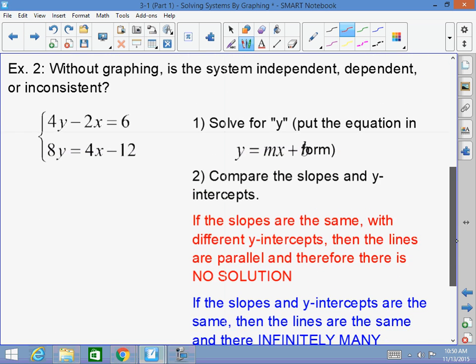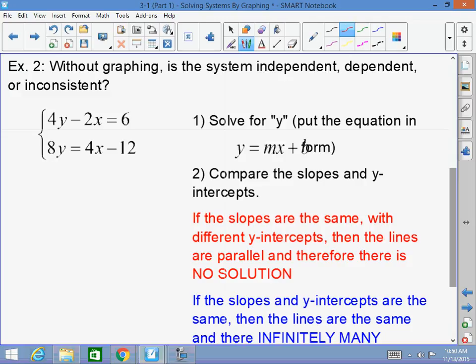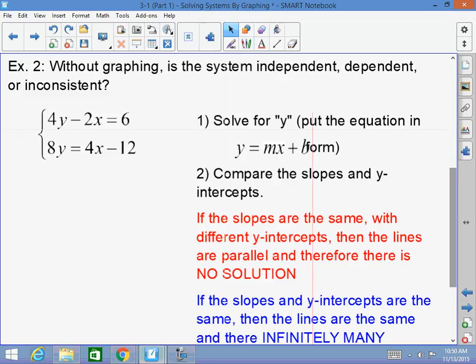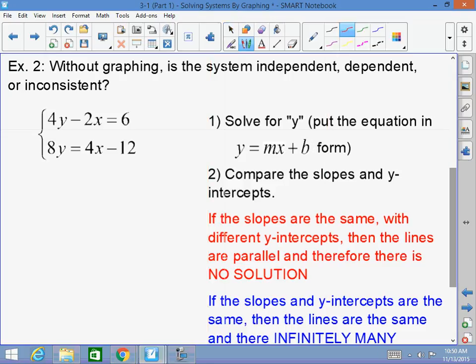So without graphing, is the system independent, dependent, or inconsistent? Well, first thing you always want to do here, guys, is solve each of them for y. Put the equation into y equals mx plus b form. Okay? So let's solve for y. Let's do this guy in red. So I've got 4y equals 2x plus 6, divide by 4.